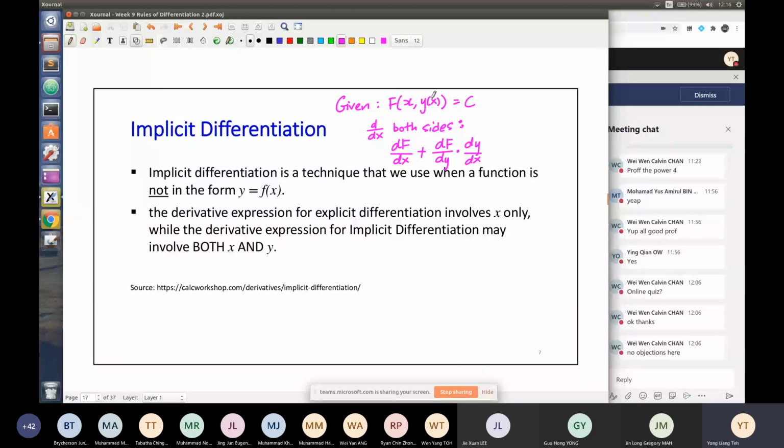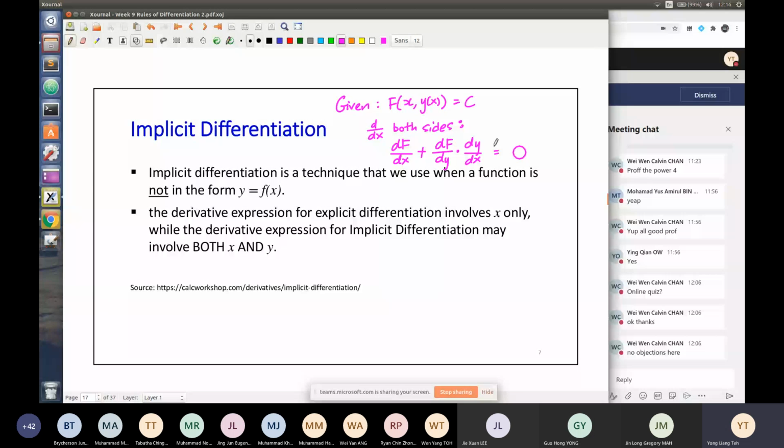So that's the reason for the second term here. So this is actually the sum of changes of f due to x and y respectively. Of course, when you differentiate the right side, which is a constant, you just get 0. So you can see this is actually precisely demonstrating implicit differentiation.